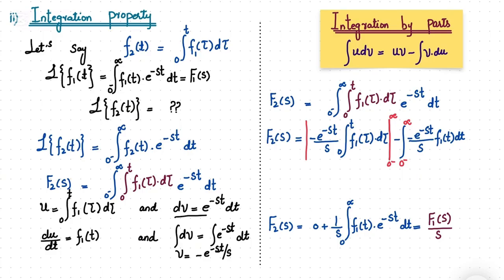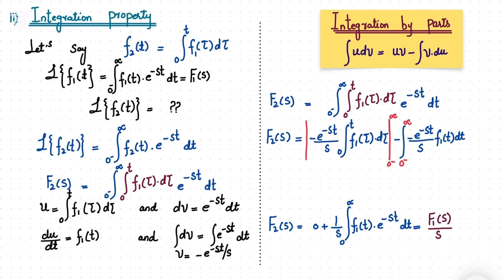Next, because we have dv over here, we can integrate on both sides, and integrating on both sides results in v equal to e raised to power minus st over minus s. So now we can calculate this f2 of s using the integration by parts formula, and we can substitute the values of u, v and du over here.